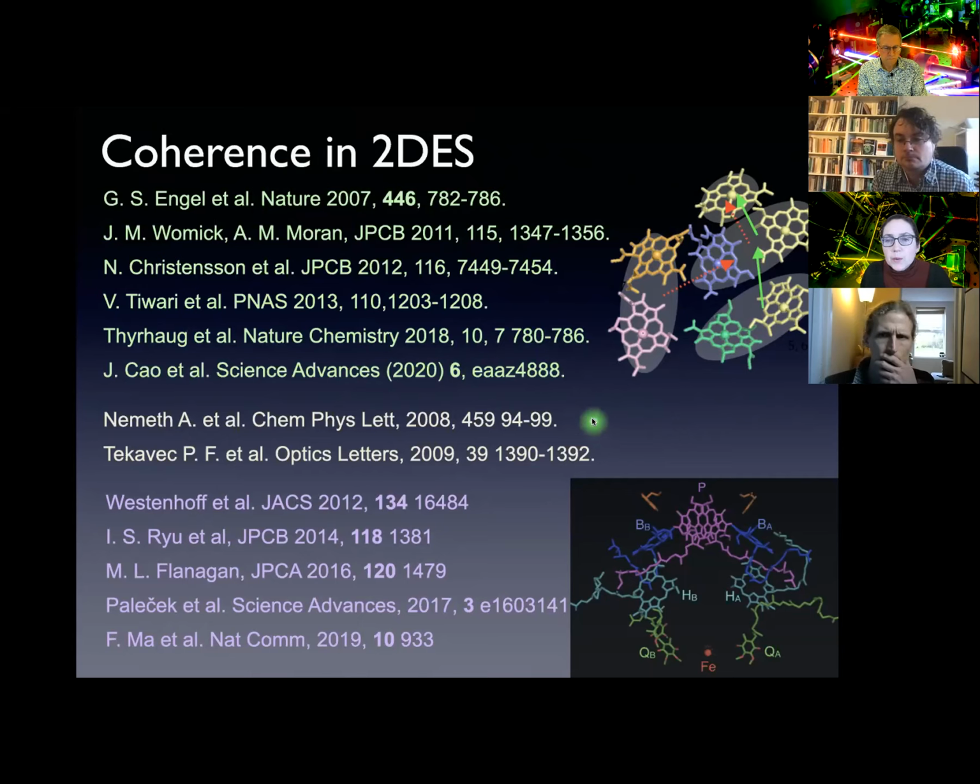I wanted to point out a couple of early papers by my group and also Harold Kaufman's group, looking at laser dyes and how vibrational coherence modulates 2D data. And there's also been quite a bit of work reporting coherence in the bacterial reaction center as well. I'll point you to some of the papers there.